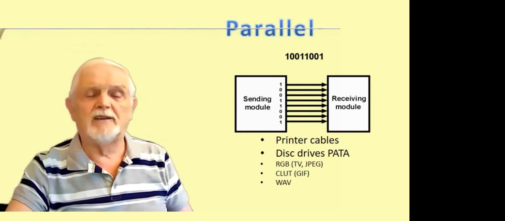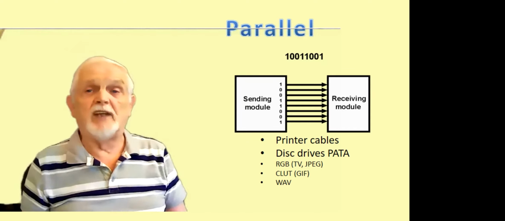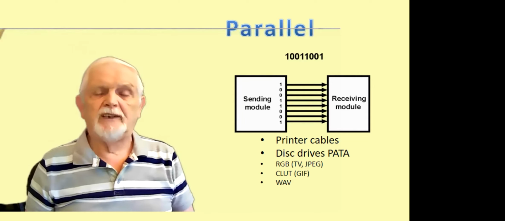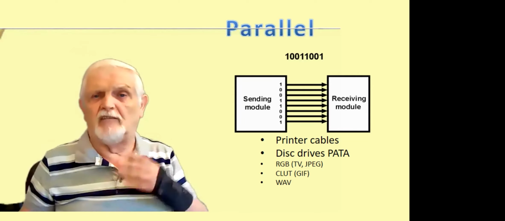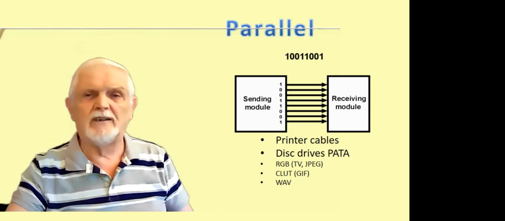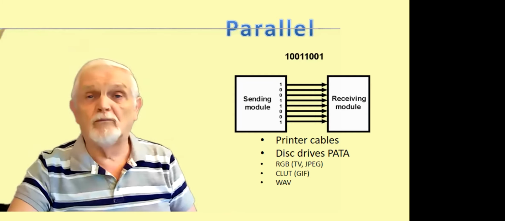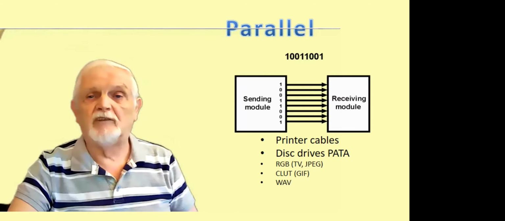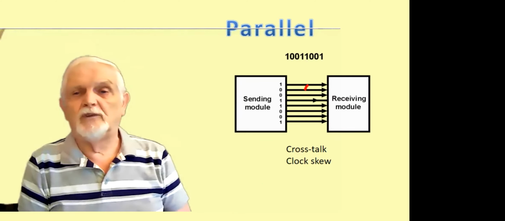The problem with it is twofold. It was great at the time when it first came out, but as technology moved on and things got faster and faster and faster, then parallel handling wasn't as useful. It had limitations. Let's have a look. What were they? Well, 2 limitations.